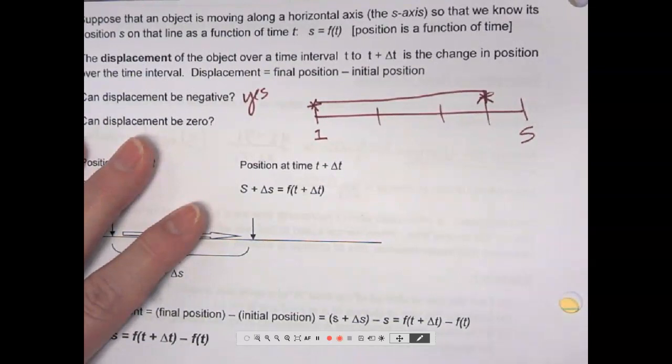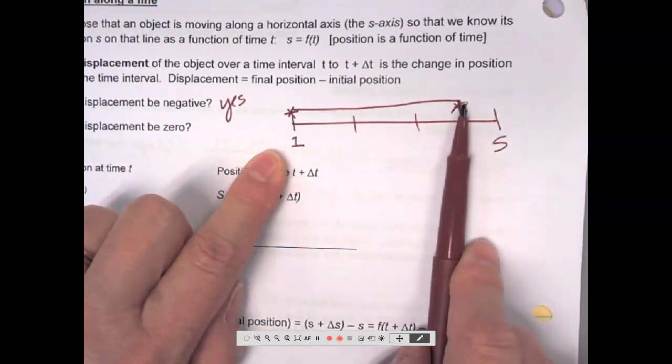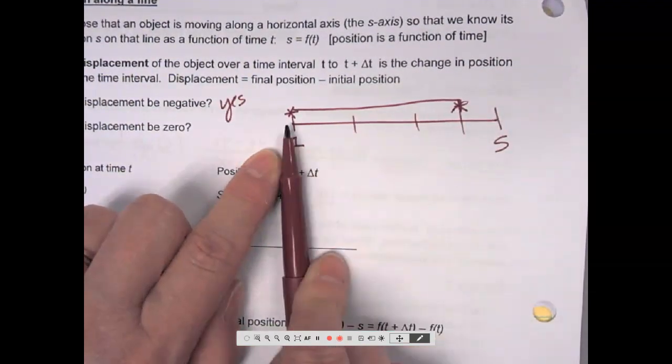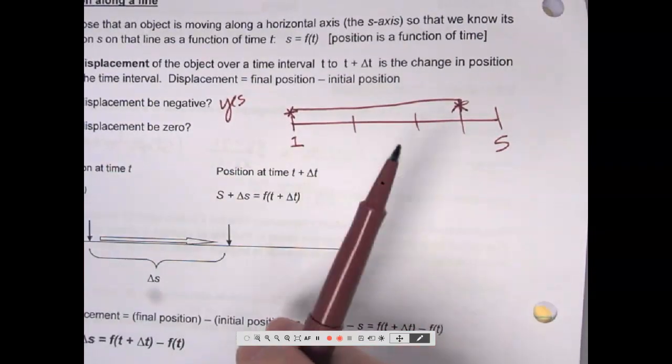Can displacement be 0? Yeah. Okay, what if I start at 1, I go to 4, I drop back to 2, I go to 5, and come back to 1? What's my displacement? 0. Does that mean I didn't move? Absolutely not. It just means I stopped where I started.